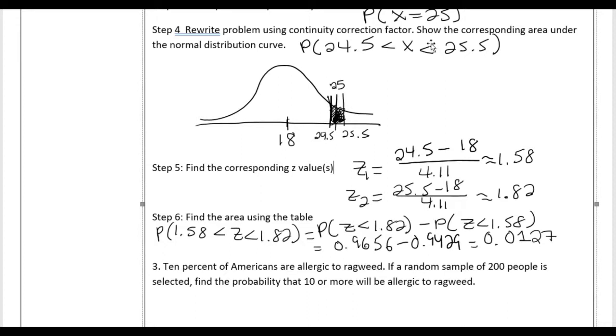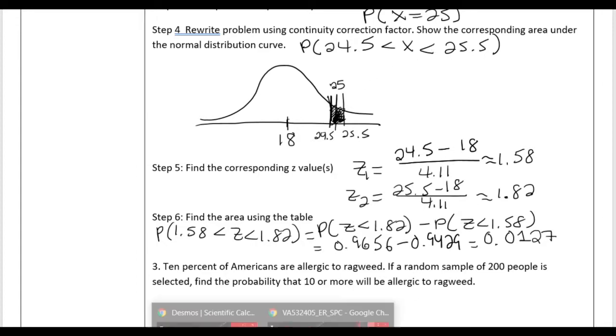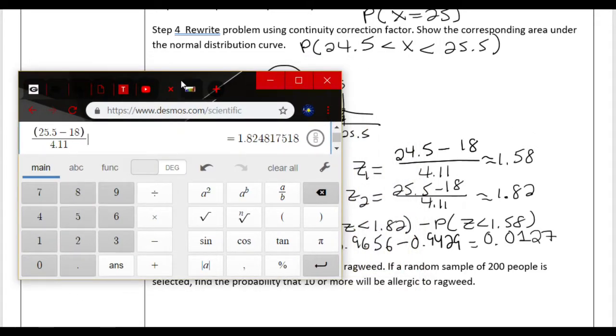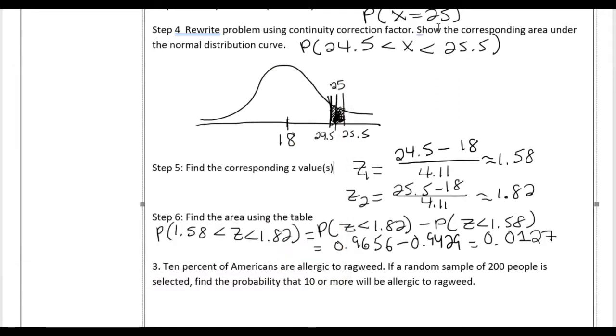I believe that's what it is. I'll double check that. Okay, 0.0227. That's why I wanted to double check, because it seemed a little bit off. There you go. All right, 0.0227.